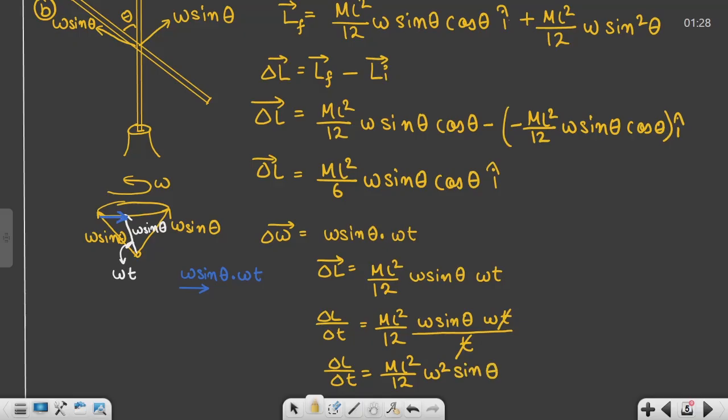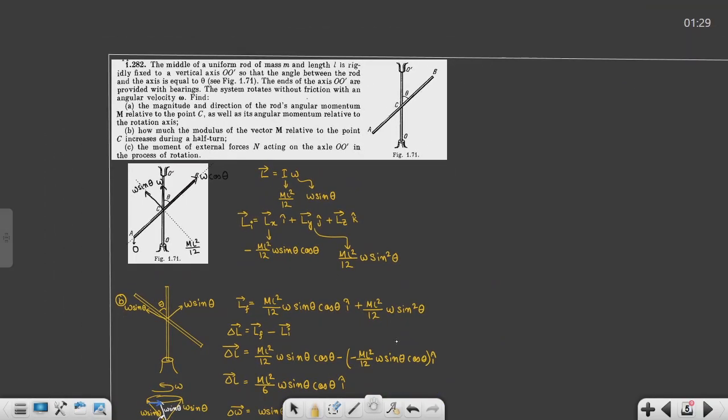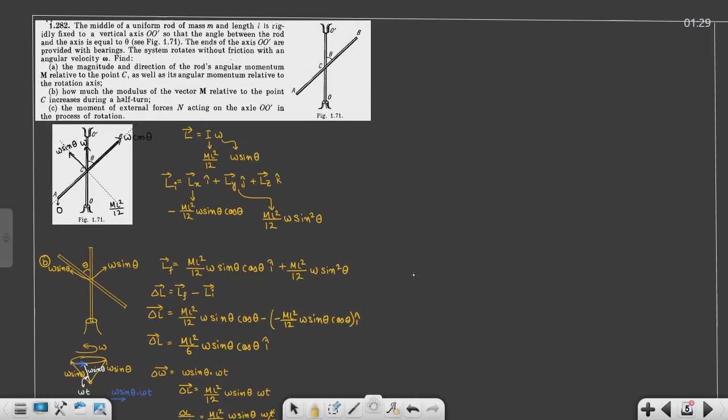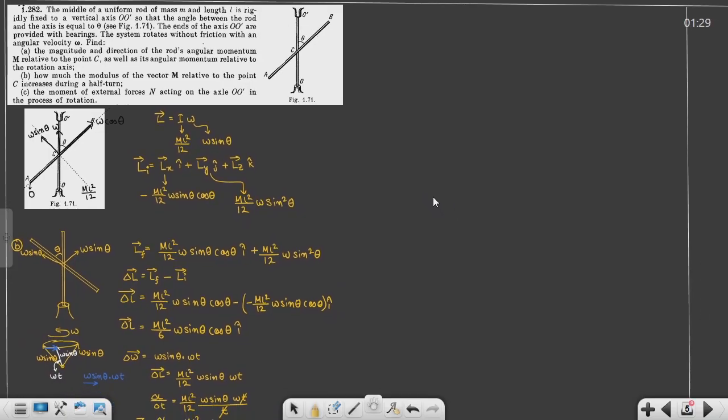Understood? And if you observe properly, the rate of change of angular momentum, delta L by delta t, is nothing but torque, also known as moment of force. So torque is nothing but this value. This was our fundamental question, and it has been answered. This question carries significance from the JEE perspective. So let's proceed to the next question.